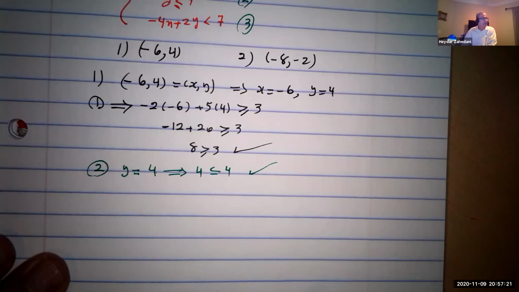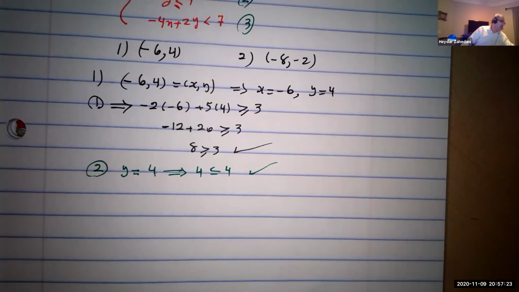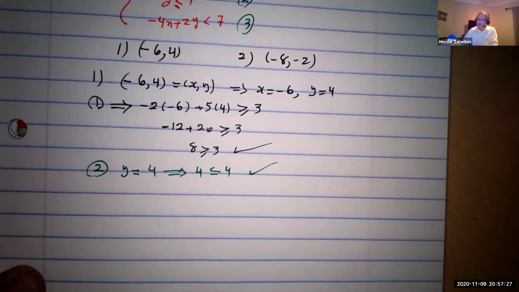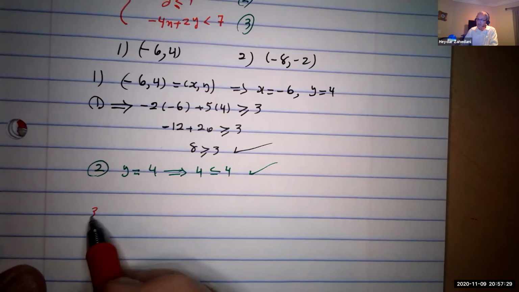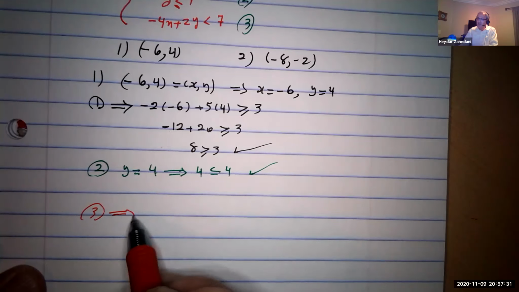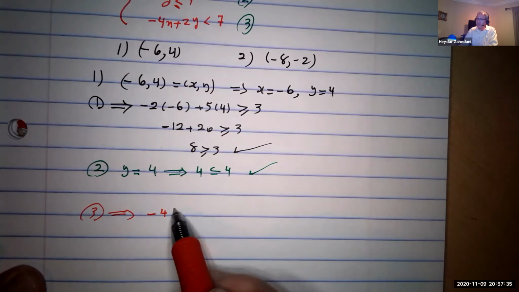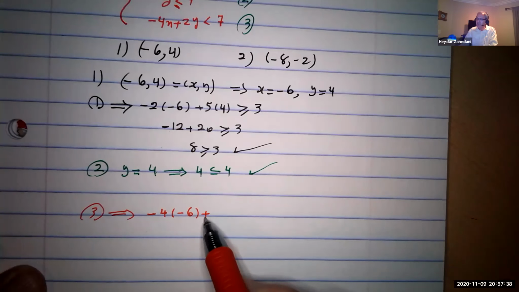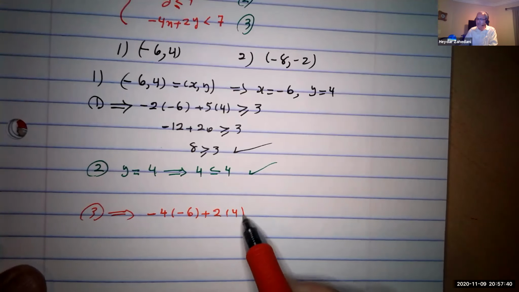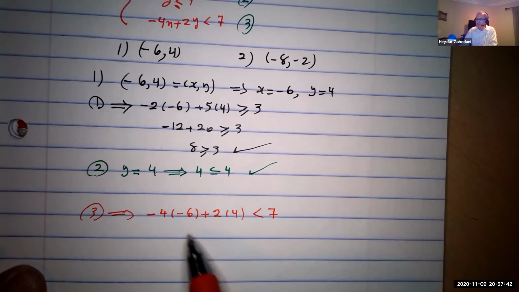Okay, so we go to the third equation. In the third equation, you check your x and the y, so it's going to be negative 4 times the negative 6 plus 2y, 2 times 4. You want it to be less than 7.